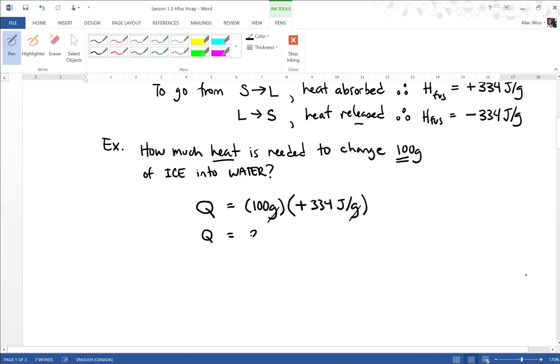So this should come out to be about positive 33,400 joules. This is how much heat is absorbed during phase change.